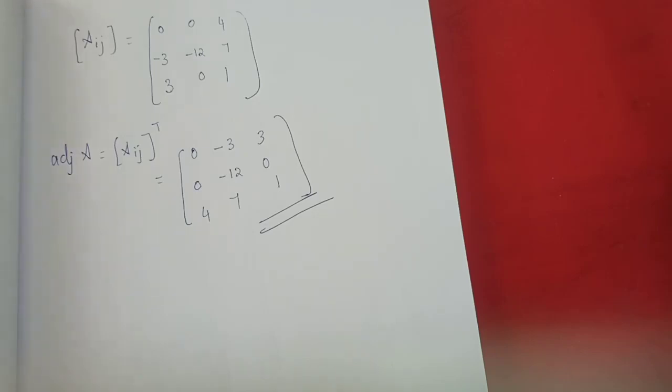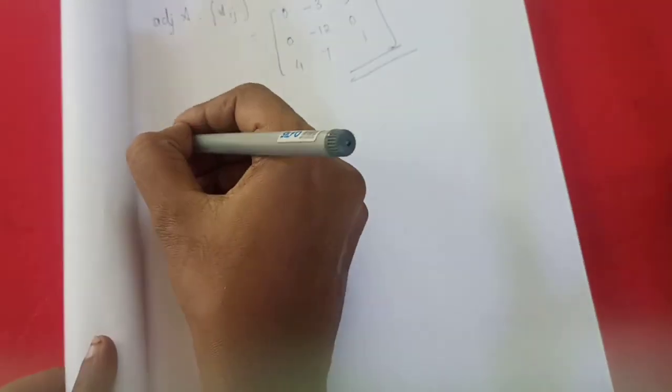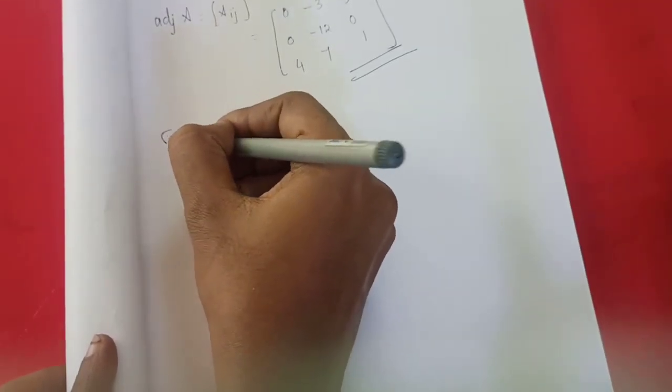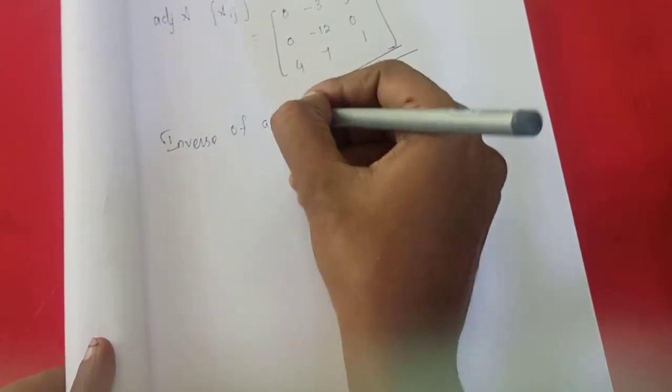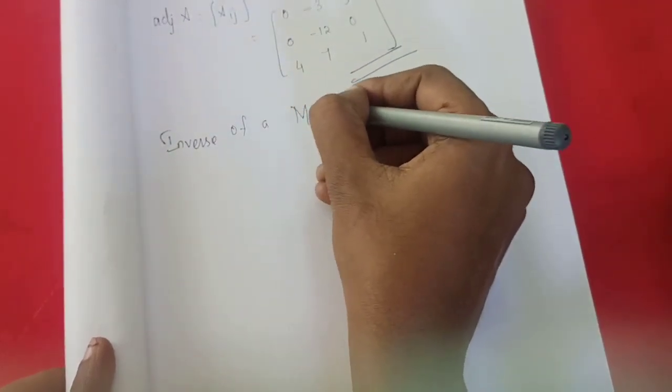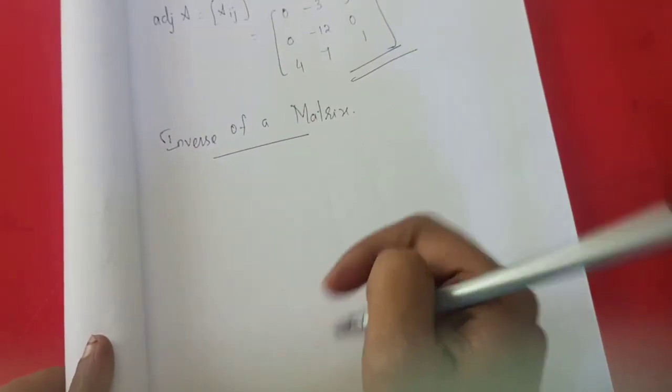Here we are going to learn just one small formula. Put the next side heading in your note: Inverse of a matrix. You need to write it like this.